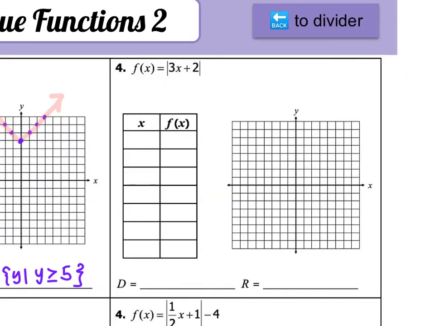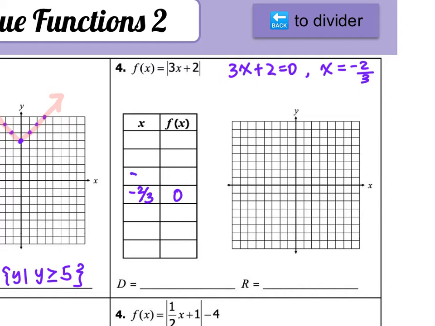Number 4, so set 3x plus 2 equals 0. Solve for x. So x is negative 2 over 3. So we're going to put negative 2 over 3 in the middle. And when x is negative 2 over 3, the y value is 0. And in this case, put the rest of the x values as integers, so that way we can easily find the points.